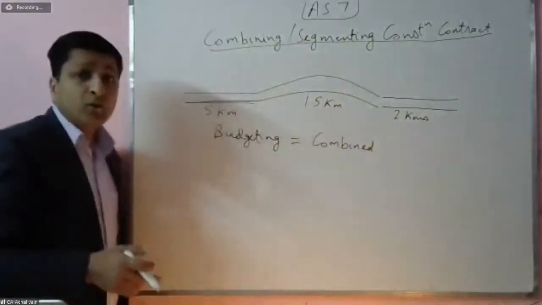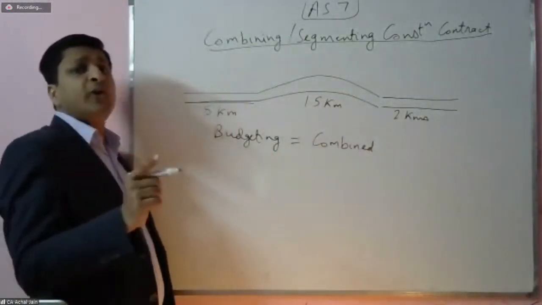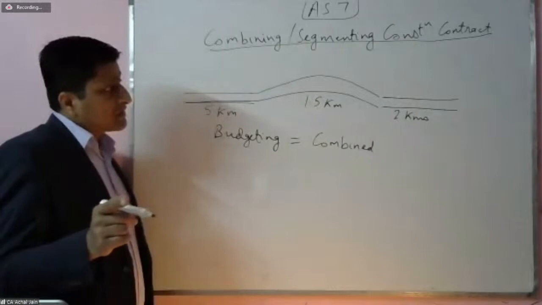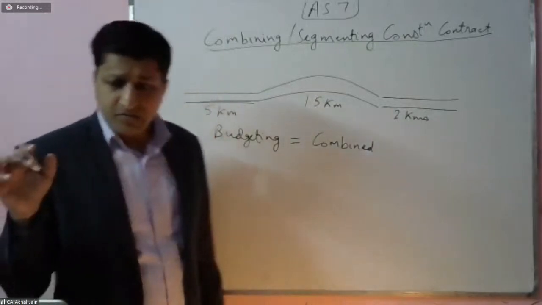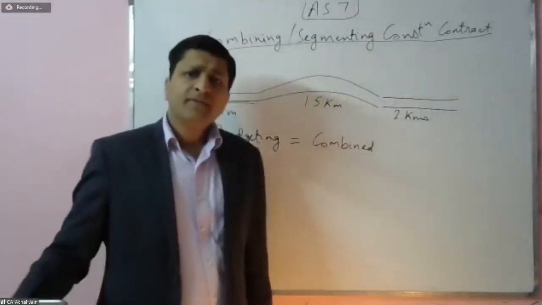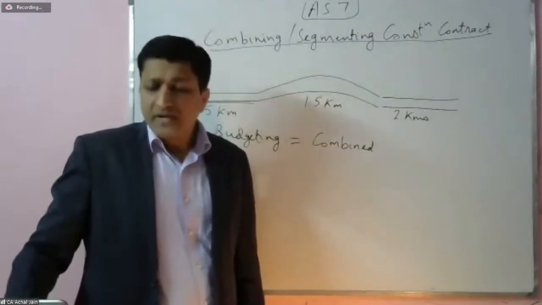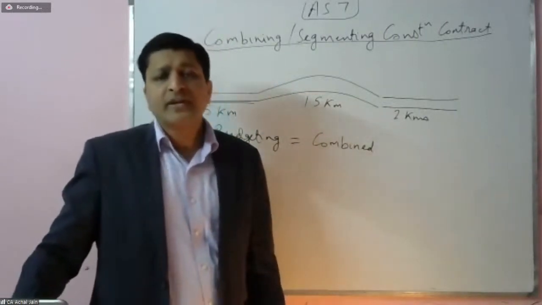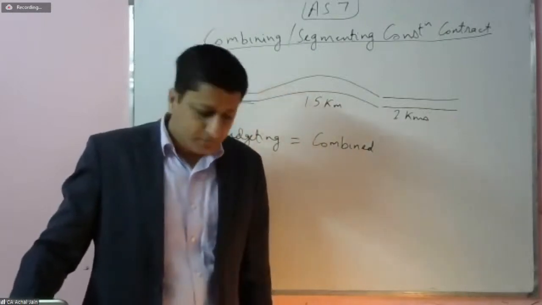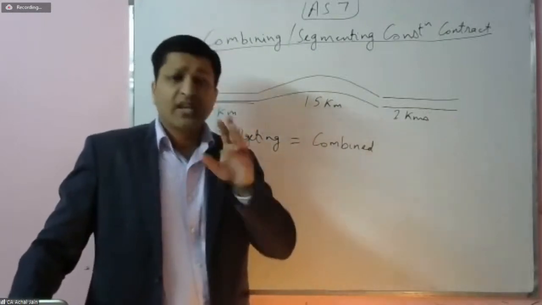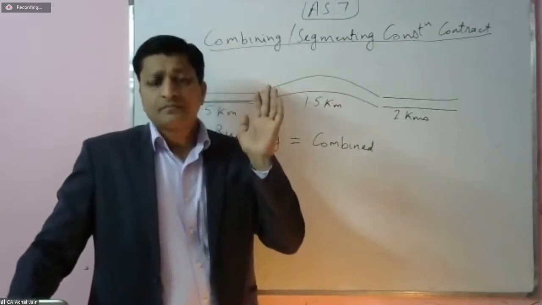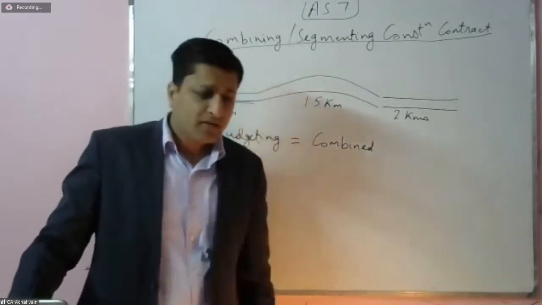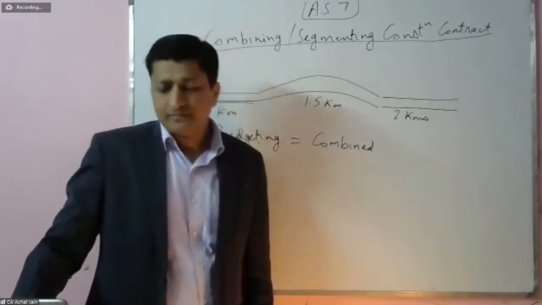The authority has also evaluated the bids submitted by various contractors. So it's not the only contractor. Various contractors have submitted the bids. Authority has also considered the bids in a combined manner. Even though 3 bids have come, in a combined manner, these have been evaluated.